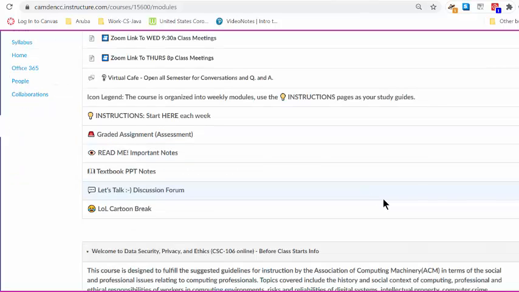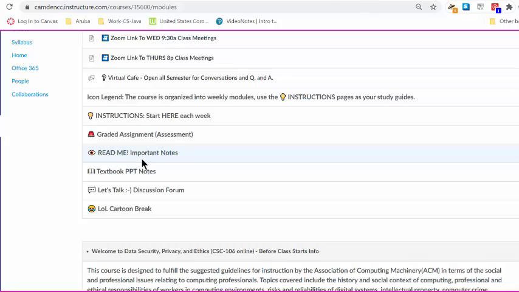The materials are organized by icons. Every week there's an instruction page where you should start. That's kind of like your landing page, and you can identify it by the light bulb bubble. All graded assignments will have a red car light.